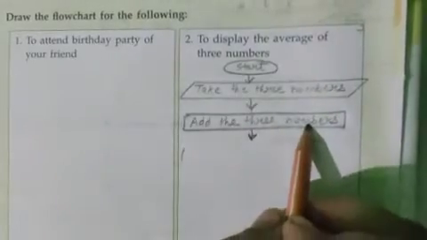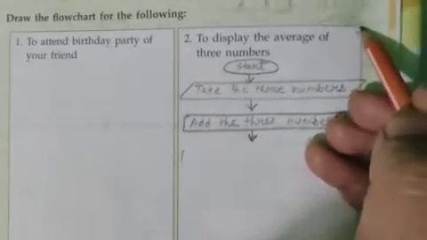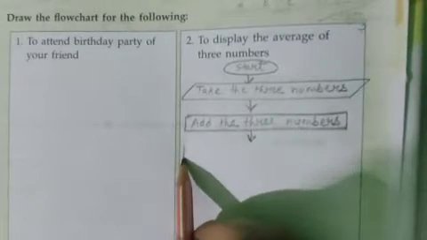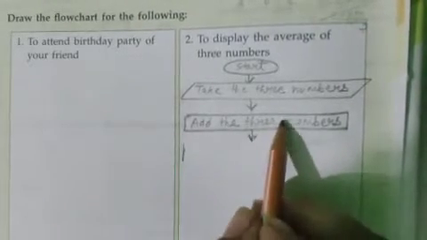When we have added them, now we have got the sum. We have got the total. Now what you have to do? You have to divide the total by 3 because we are taking 3 numbers over here.